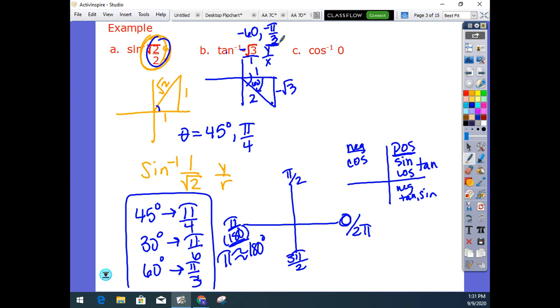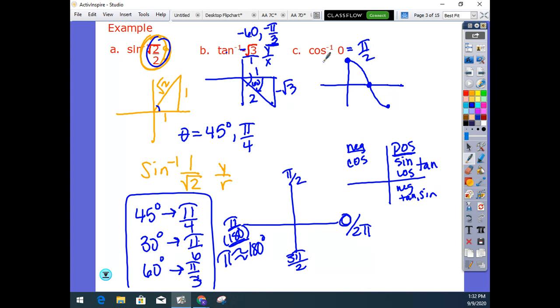Now, with 0, 1, or negative 1, it's actually easier to use the curve. So my restriction for cosine looks like this. So when is cosine 0 at? Okay, so cosine is 0 at pi over 2.